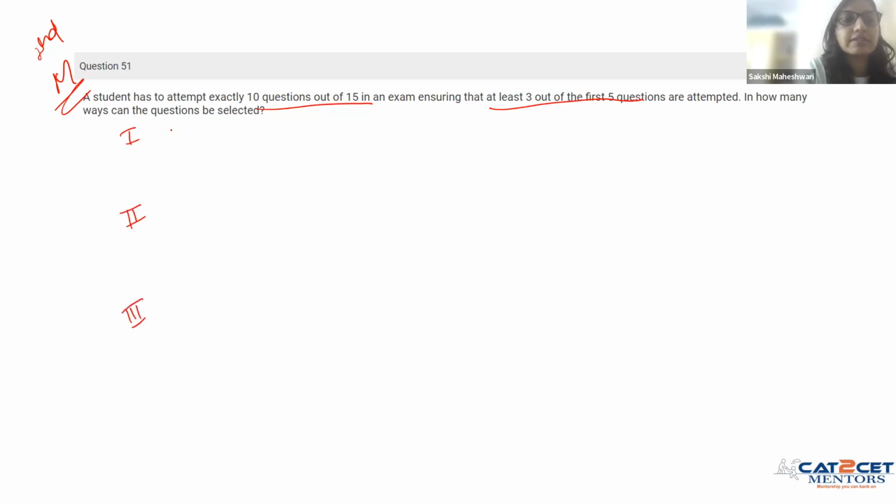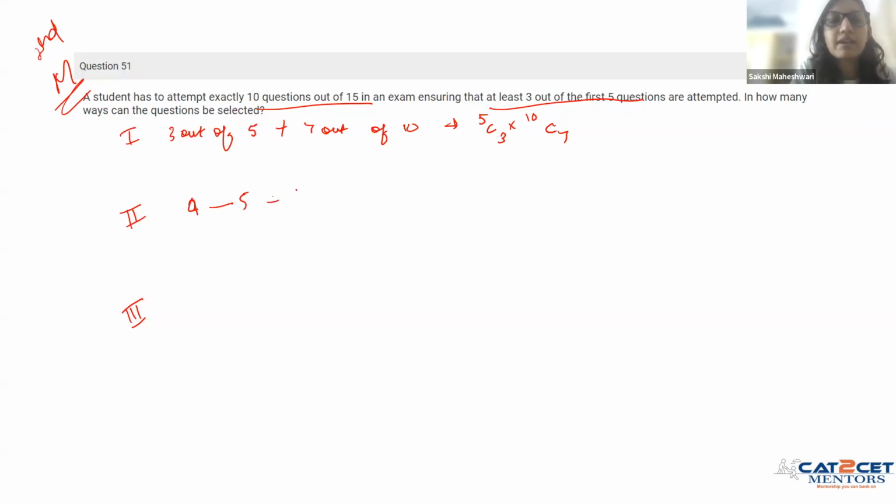First, he attempts 3 out of 5 and then 7 out of the rest 10. So that can be 5C3 into 10C7. Next is 4 out of 5 and then 6 out of 10, so this will be 5C4 into 10C6. And the other one is 5 out of 5 and then 5 of 10, this will be 5C5 into 10C5.